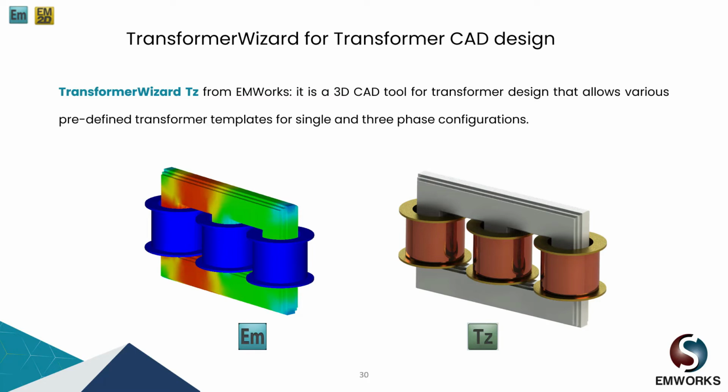The user specifies some geometrical inputs and the 3D geometry of the transformer is generated automatically, whether it is single phase or three phase. These models can also be simplified into 2D models using the 2D simplification of EMWorks2D. All the tools are connected to each other, so they can be used together.